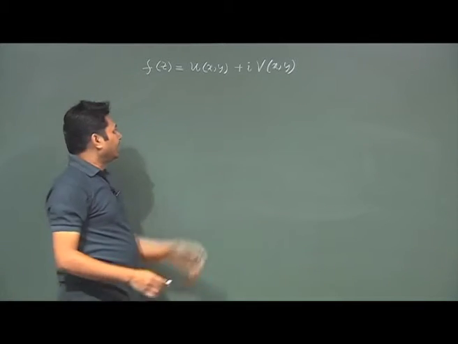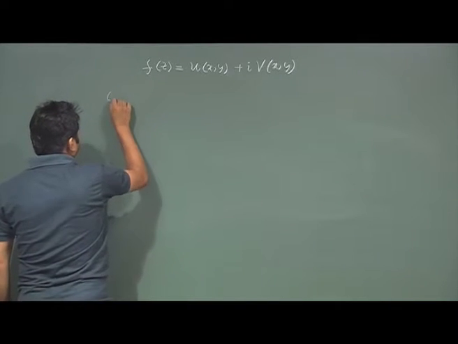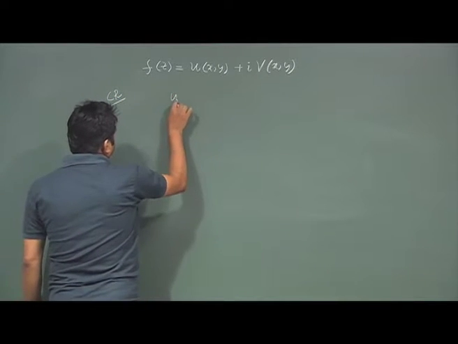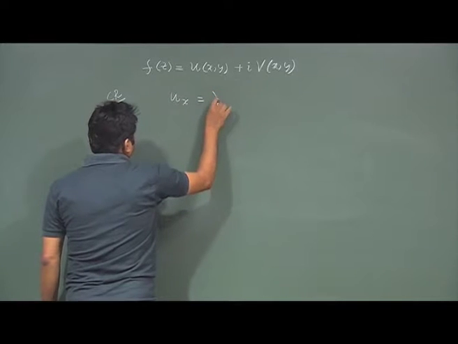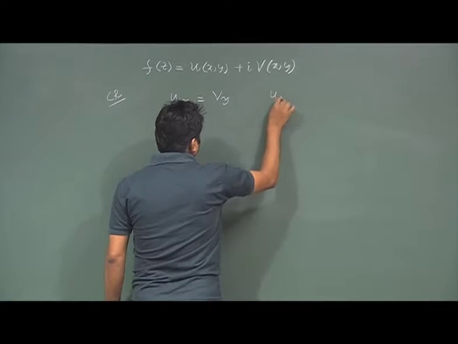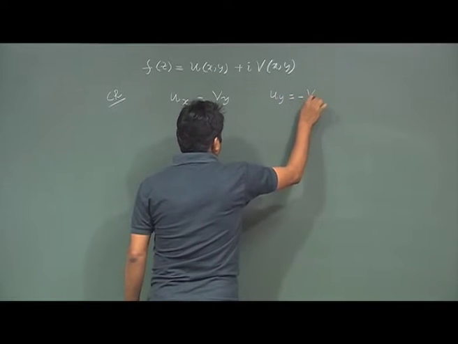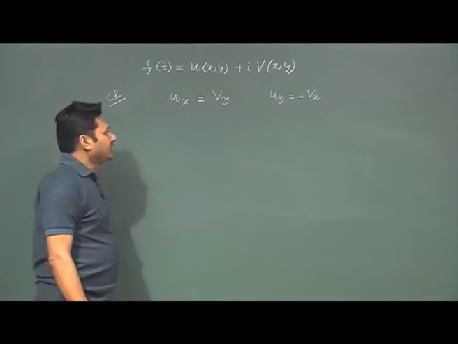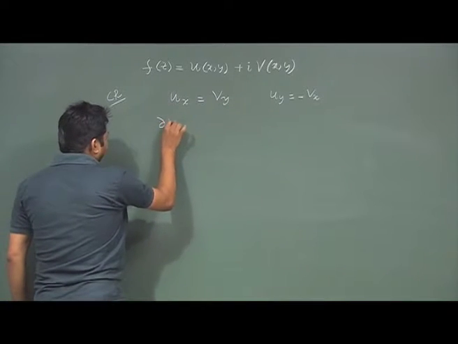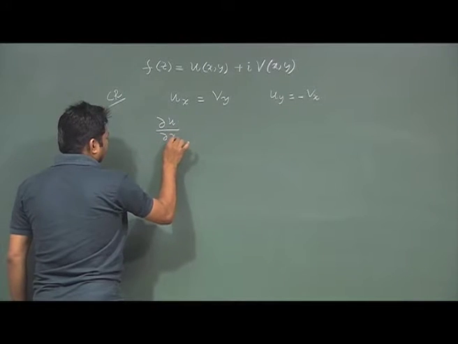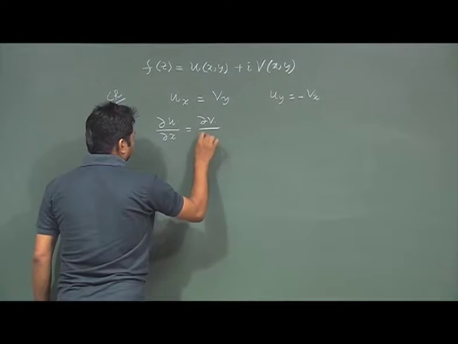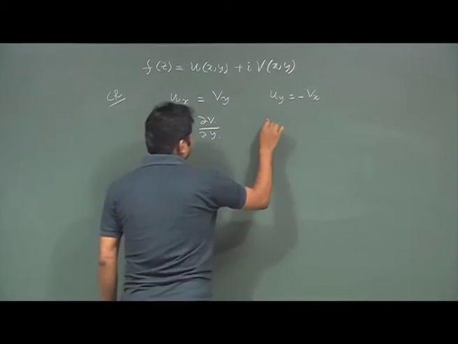In this way I can write, and the CR equation suggests that ux is equal to vy and uy is equal to minus vx. These two things are with me. If I write it in just this del notation, it should be something like this. So let me write it.